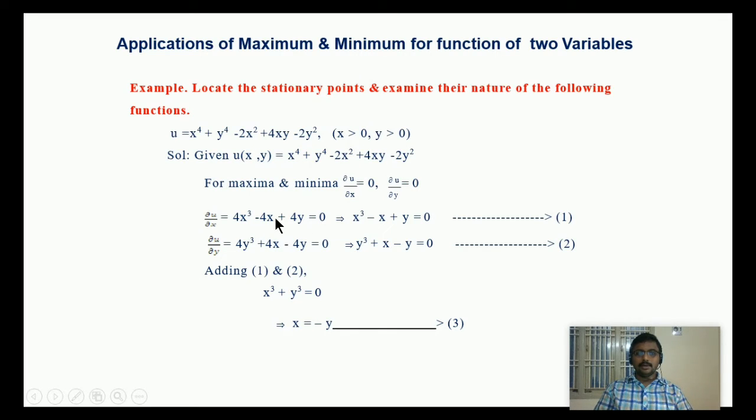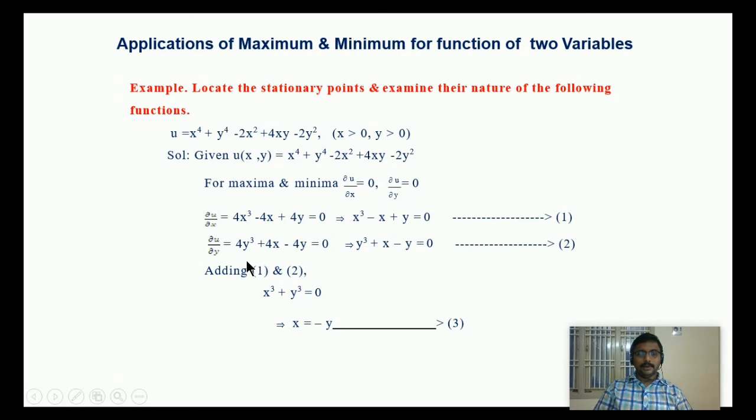So dou u by dou x, while differentiating partially with respect to x, keep y as constant: x power 4 derivative 4x cube, y power 4 derivative 0, minus 2x square derivative minus 4x, plus 4xy derivative 4y, minus 2y square derivative 0. Which is equated to 0, and taking 4 as common and equating to 0, we will have x cube minus x plus y equal to 0. Let it be equation 1.